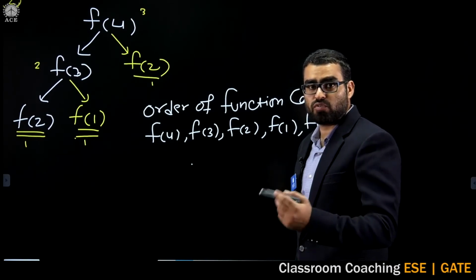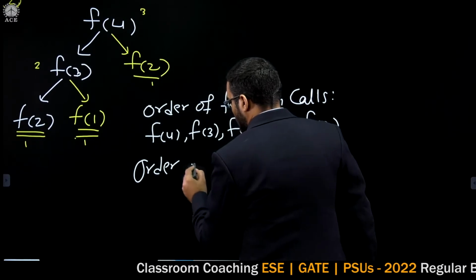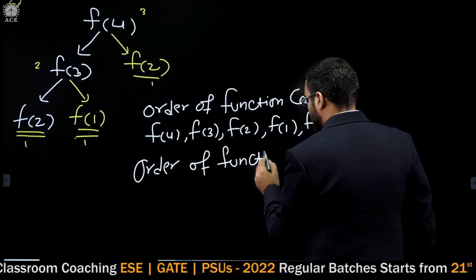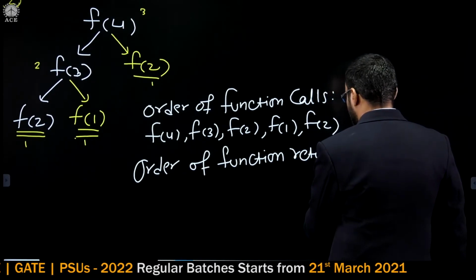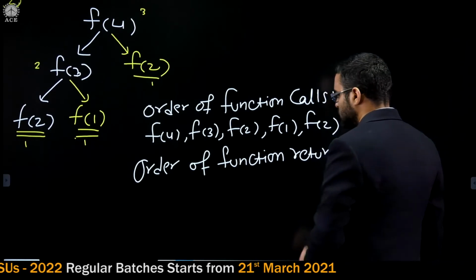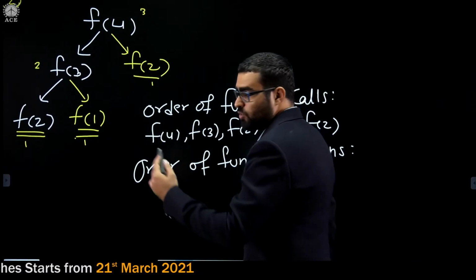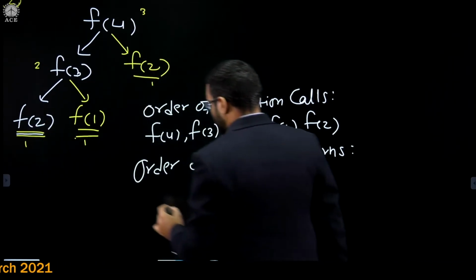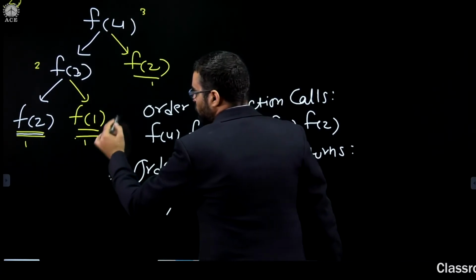And what is the order of function returns? What is the function that is returning for the first time? This f2 will return first. Then this f1 is returning.